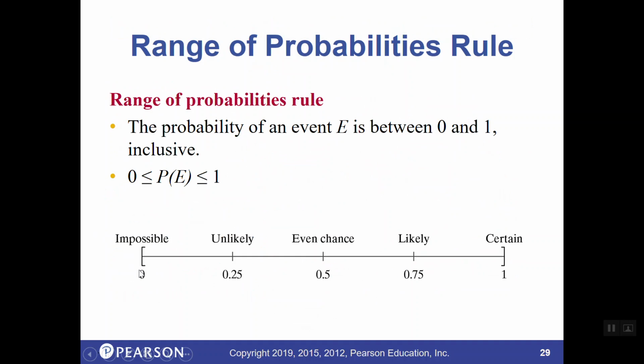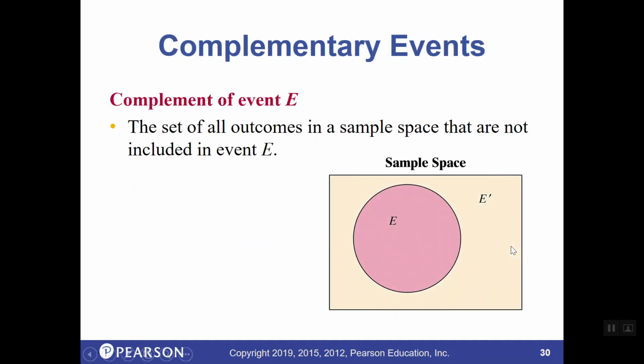If it is 0, it is impossible, like getting a 7 from a 6-sided die. If it's a little bit higher, you can say that's unlikely because it's low. 50% is just an even chance, 50-50. And the 1 is definitely certain, it will happen.